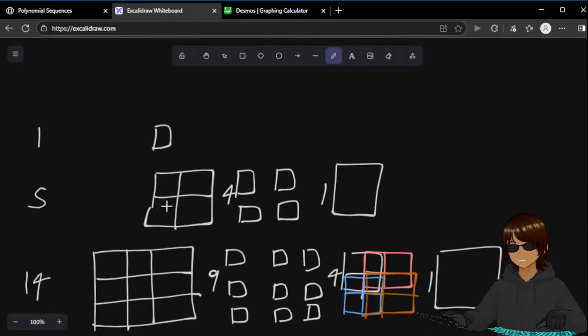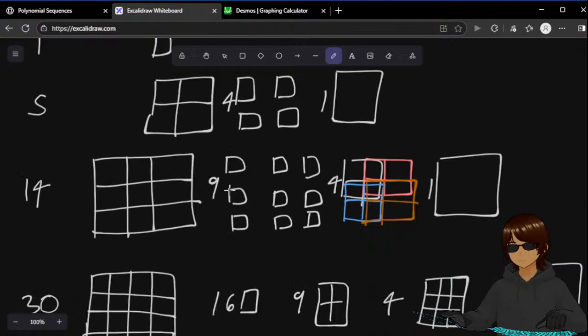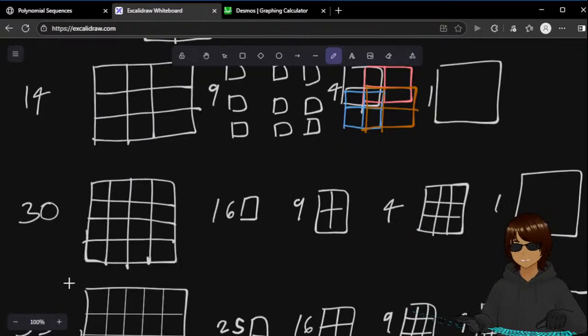So it's 1 big square and then 4 smaller squares, and then 9 smaller squares.